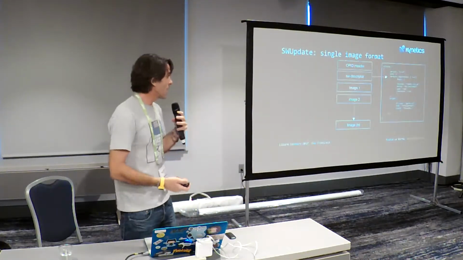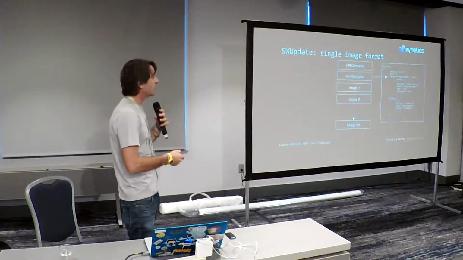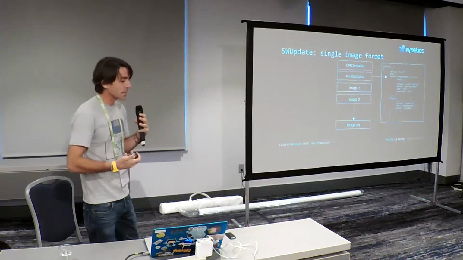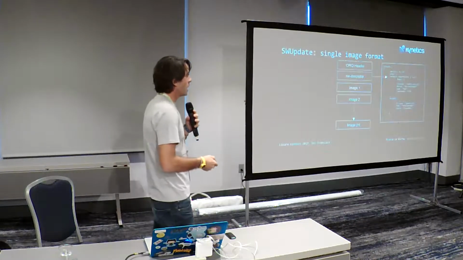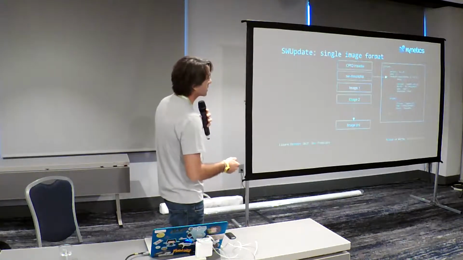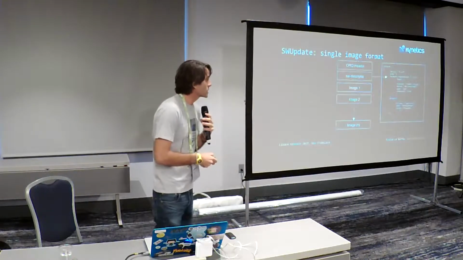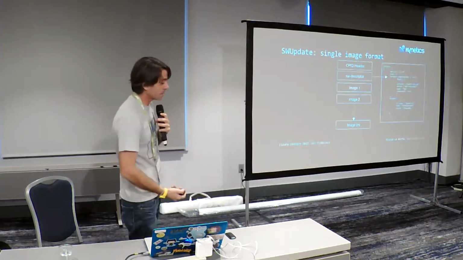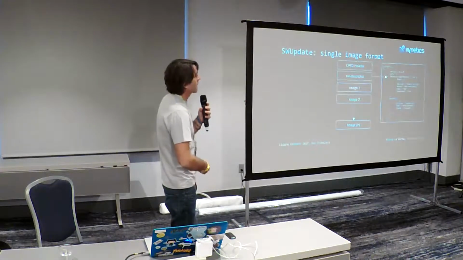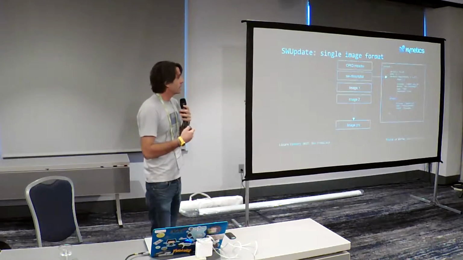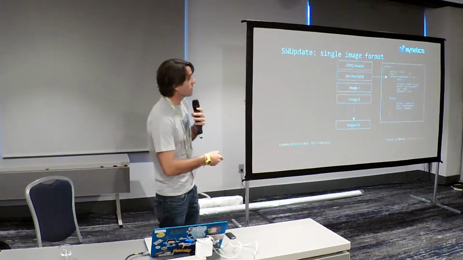As I said, the image file format is CPIO. So we have a CPIO header and a descriptor file. This descriptor file is like a descriptor for the update process. You have variables and data structures like images, and scripts: you can do pre-install and post-install scripts. You can also specify files.